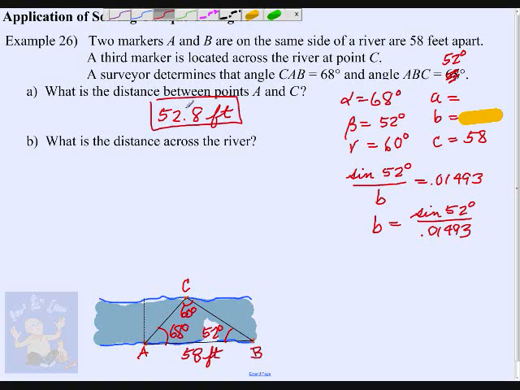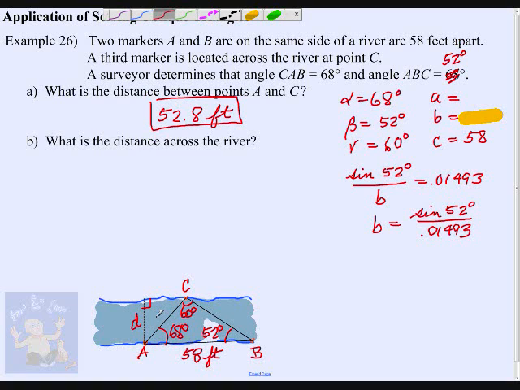All right, so here's our answer. The question in part B is, what's the distance across the river? So what is this distance here? Now we can use right triangle trigonometry, I think. We know this, so let's write it in.